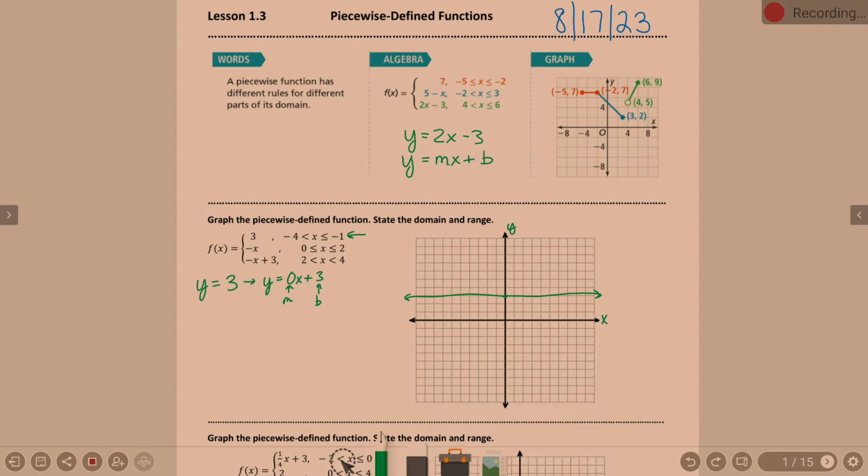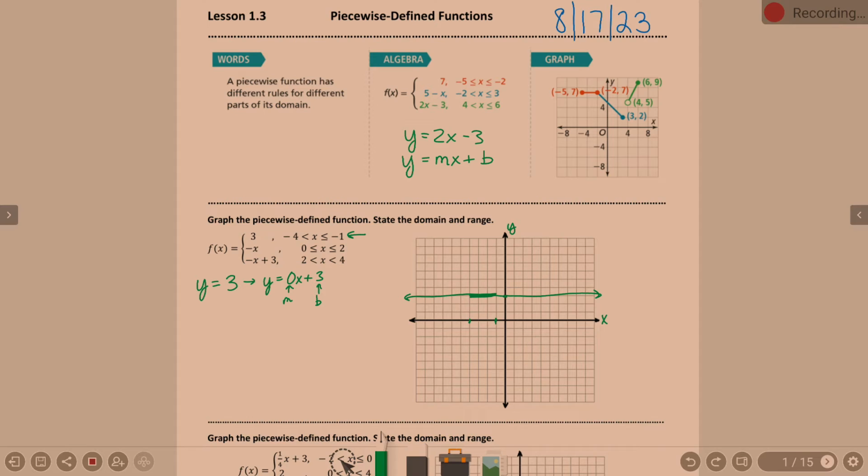So you want to erase anything that's not between the x values of -4 and -1. So where's the x value of -4? It's 4 left. The x value of -1 is 1 left. So we only want the piece of this line from -4 to -1.